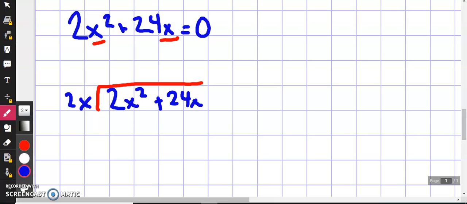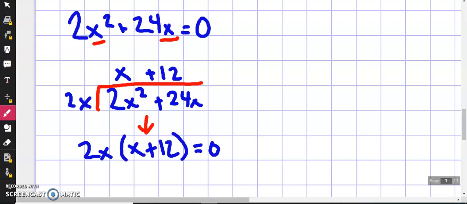If I then go back in and divide my common factor out, 2 divided by 2 will give me 1x right here, and then 24 divided by 2 would give me the plus 12, and then the x's would just cancel out when I divide. So my factored form of the equation would be 2x times x plus 12 equals 0.